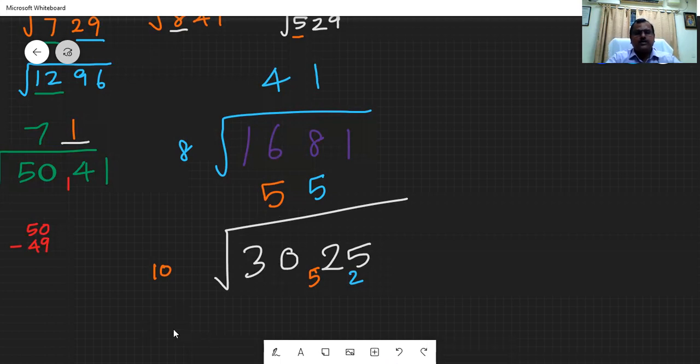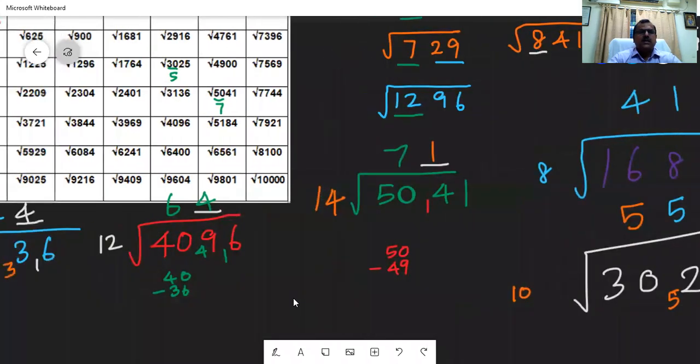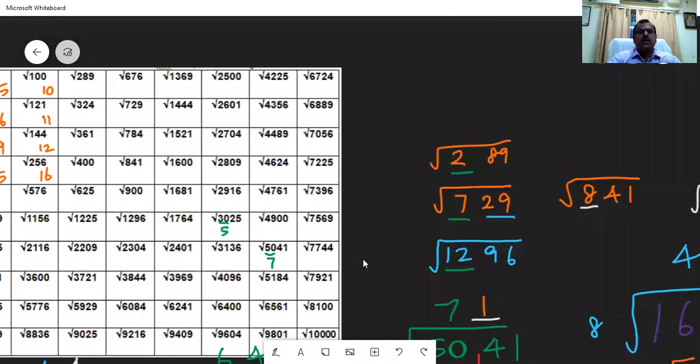Those who know the answer, you can put it in your chat box. The number is 4225. Come on, do it. Can you find the square root of this number? Akash, Manoj, Kishore, very good.